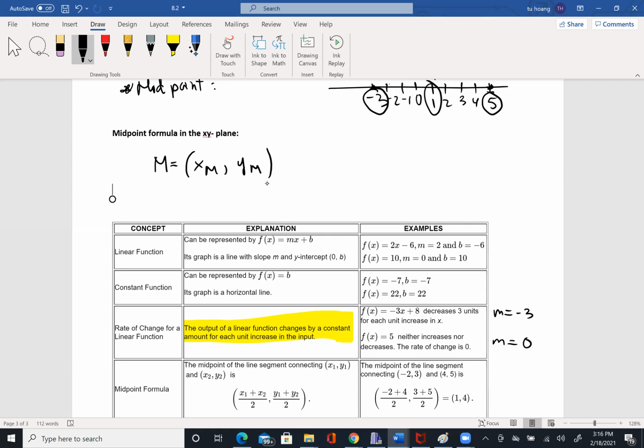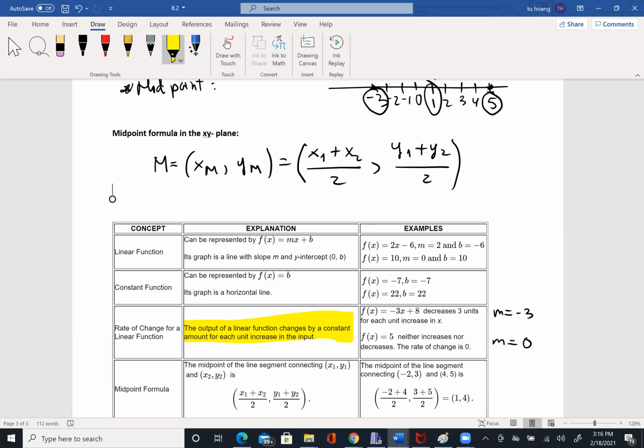You need to find what xm is and what ym is. The formula is m equals ((x1 plus x2) over 2, comma, (y1 plus y2) over 2). That should be the midpoint formula for the xy plane.